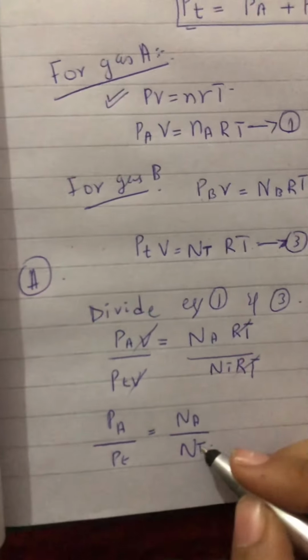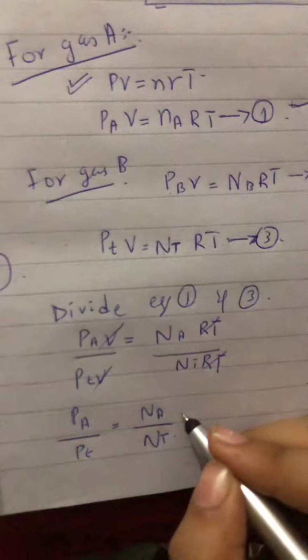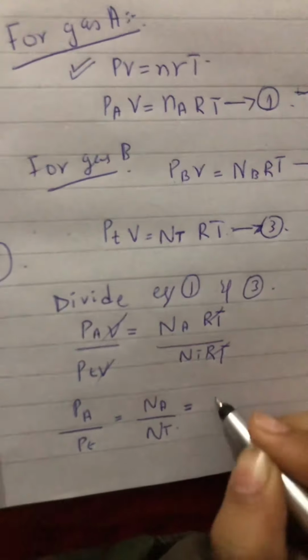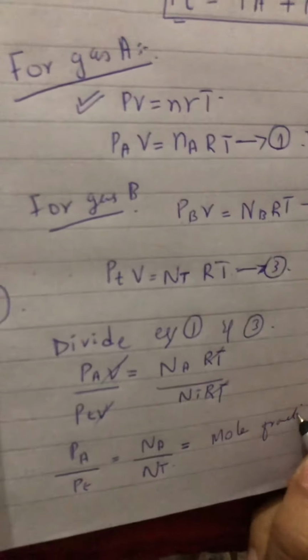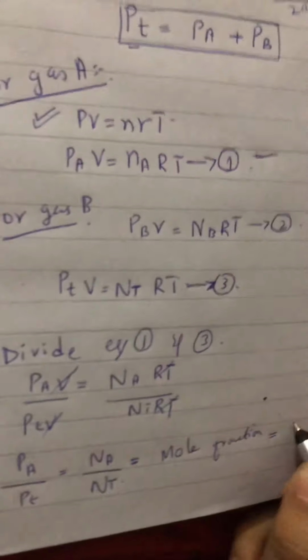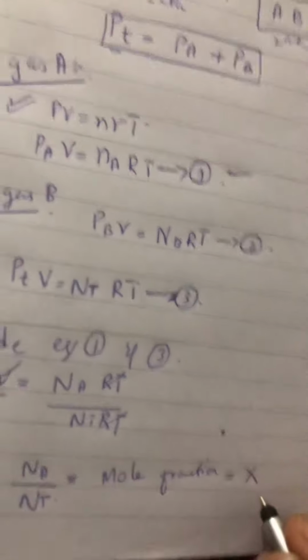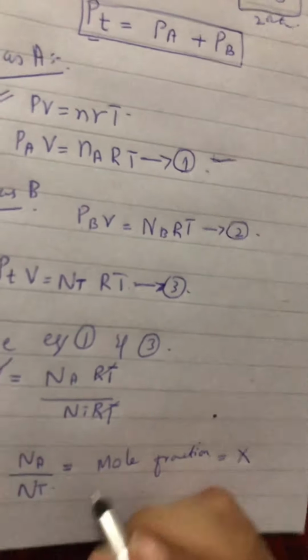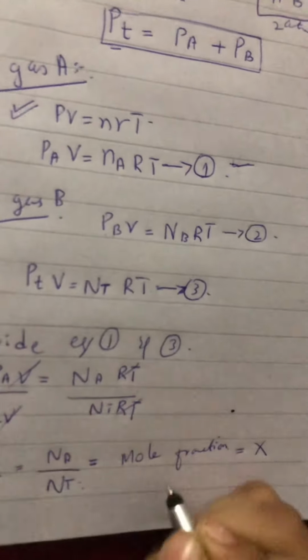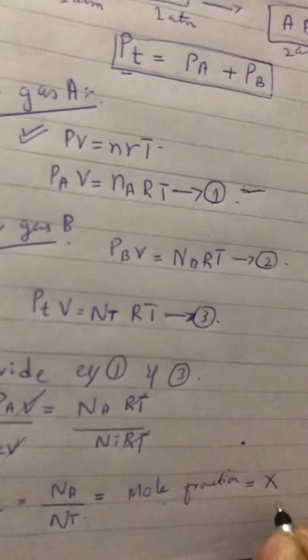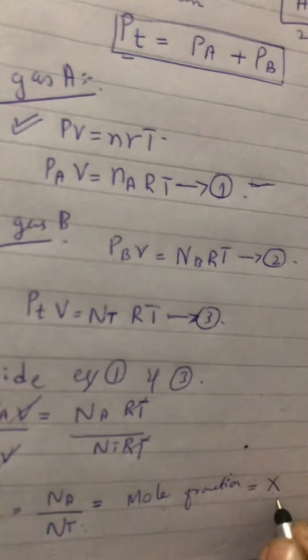Here we have nA upon nT. This is called the mole fraction. The symbol of mole fraction is xi, which is x.